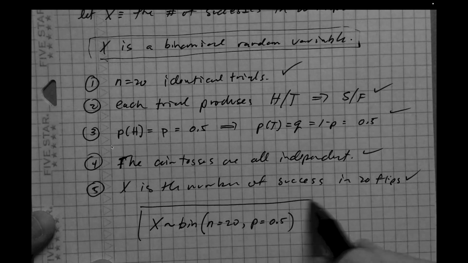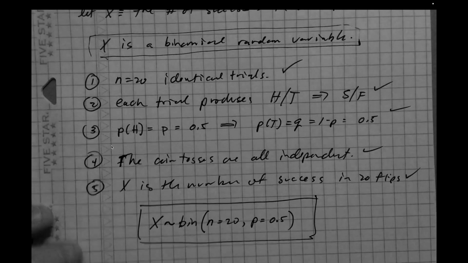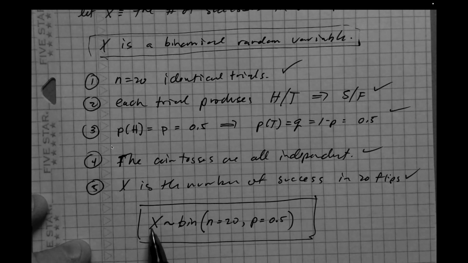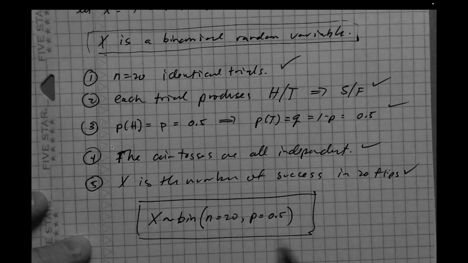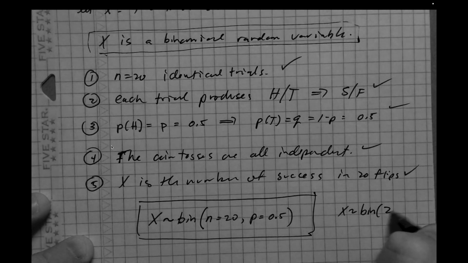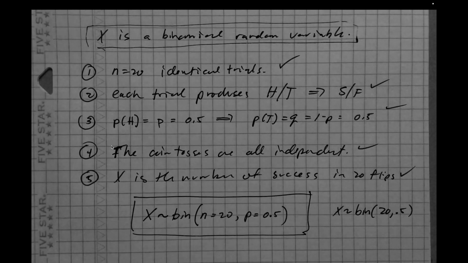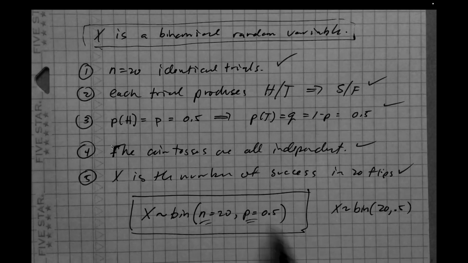This is the notation that we'll see whenever we have established that a random variable is binomial distributed. You might see shorthand x bin 20 comma 0.5. That's the same thing, we're just leaving off the n equals and the p equals.